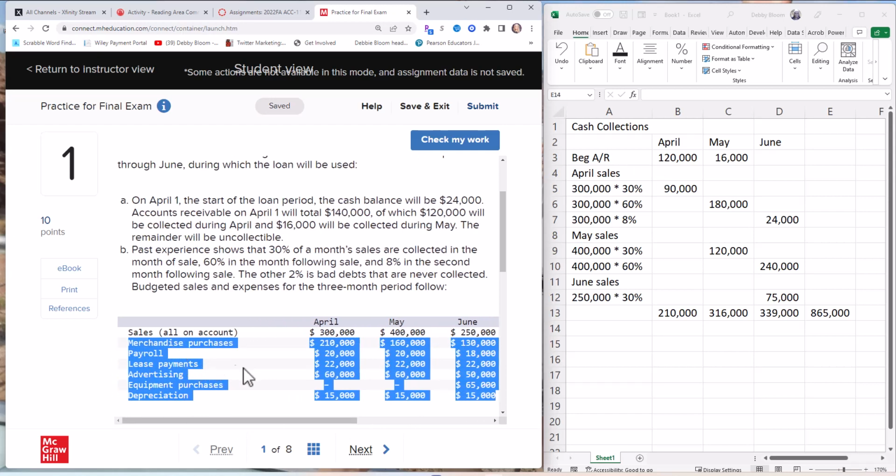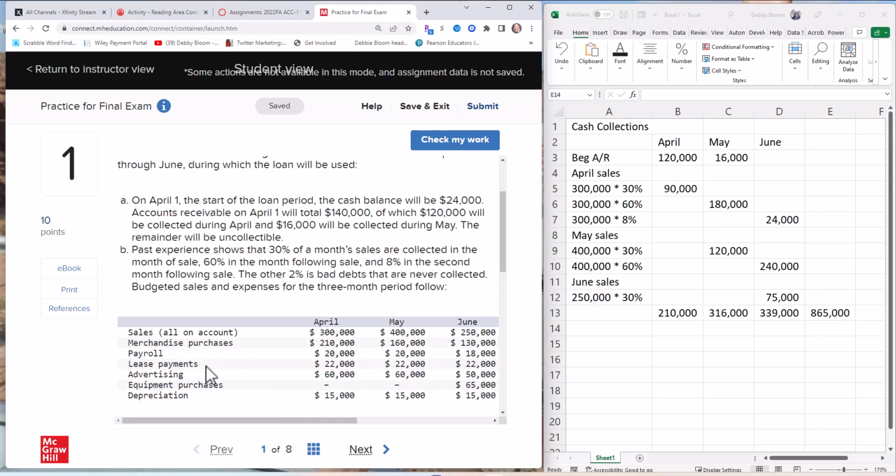Going down the other ones, we were not given any information about the other expenses, so we're just going to assume that they're paid as incurred, except for depreciation. Depreciation is the one expense that is never going to be paid, so we can actually ignore depreciation. So once we do the cash payments for merchandise purchases, we're pretty much ready to go into that cash budget.